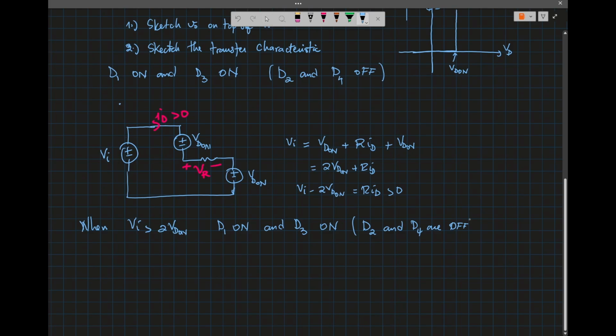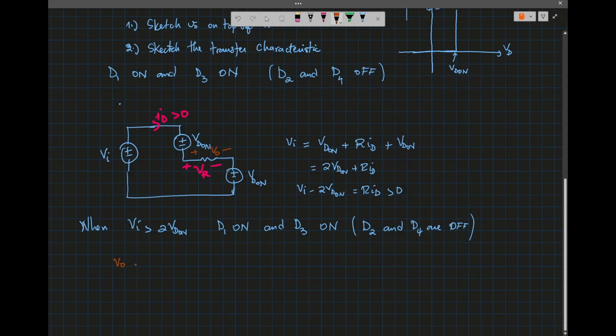Okay, so now what is the output voltage? VR is Vout, so let's make sure we indicate what our output voltage is. That's V0.